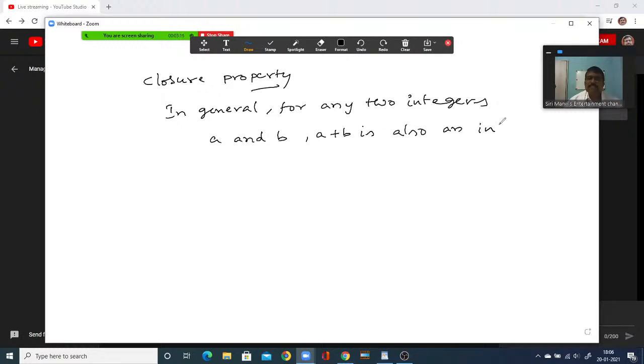Okay, this is the closure property under addition in integers. As already in previous videos we discussed statement and conclusion also. So this is the closure property. Now I am going to take commutative property.